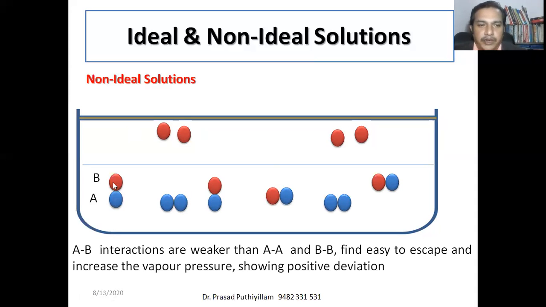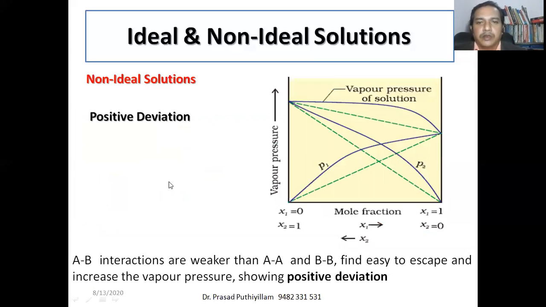Here, if AB interaction is weaker than AA interaction, B molecules will try to go to the vapor phase. The B molecules try to be in the vapor state, and A molecules have better interaction among themselves than with B. So here, than expected from an ideal solution, it creates a positive deviation.